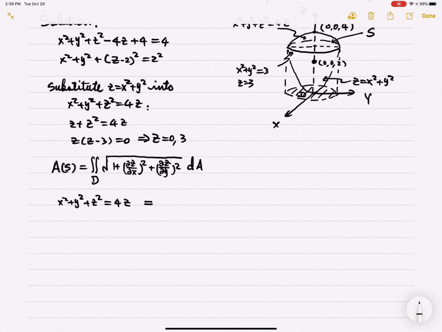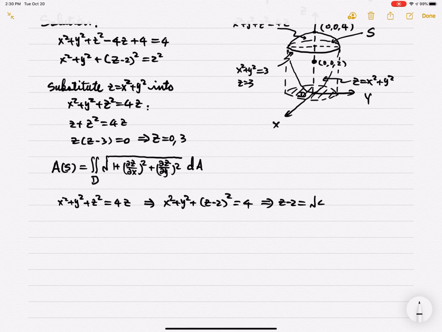Remember this is equal to x squared plus y squared plus (z minus 2) squared equal to 4. Here z minus 2 is positive, the upper half of the sphere, so we only take the positive sign.